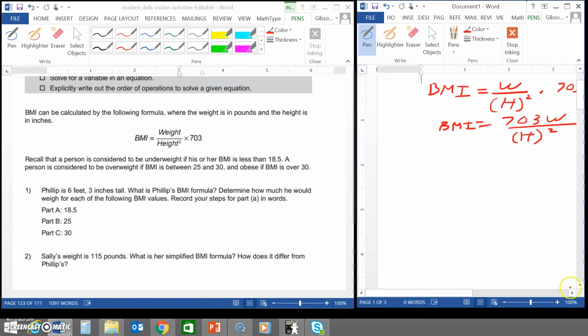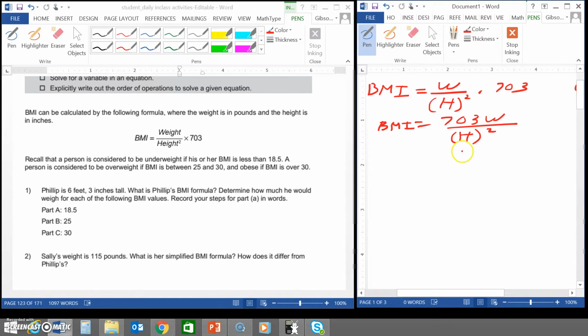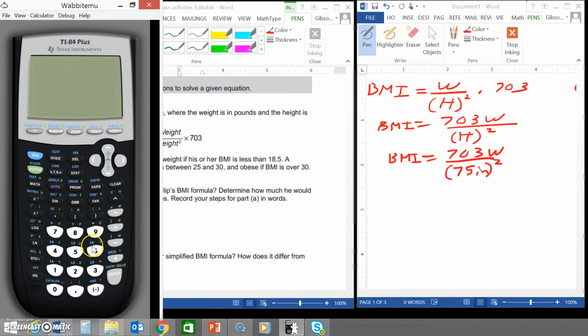Okay, so now we know the height is 75 inches. And we know that's squared. Now we need to take our calculator and multiply 75 times itself, or we could just do 75 squared, and that would give us 5,625.